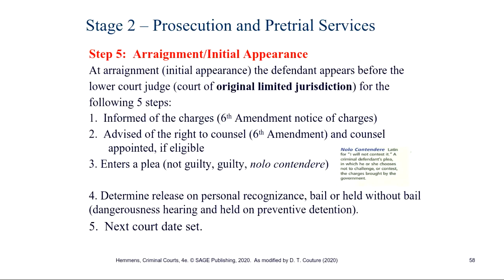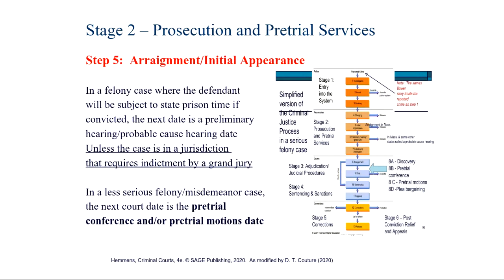So five things happen at an arraignment. We call it that in Massachusetts. It's called an initial appearance in other courts, and it is confusing for the following reason. In a serious felony case, the defendant, like Aaron Hernandez, who's arrested, is brought into court and arraigned.